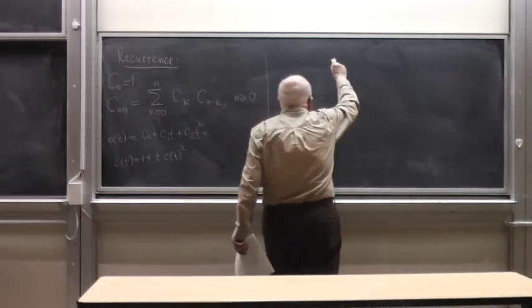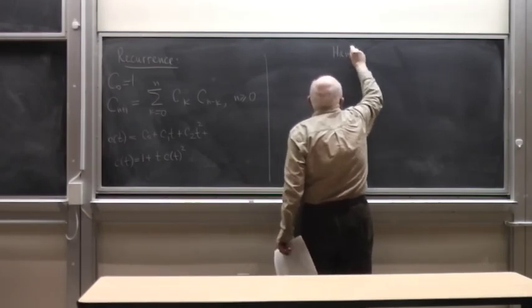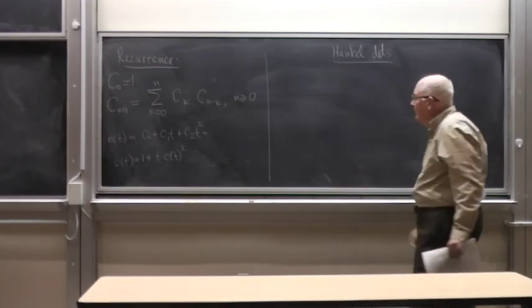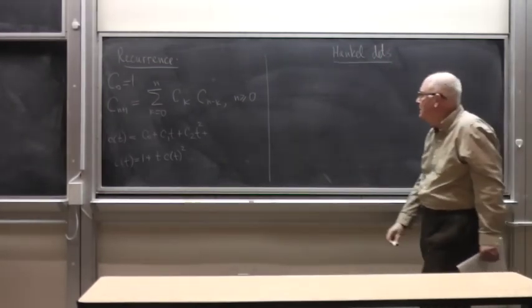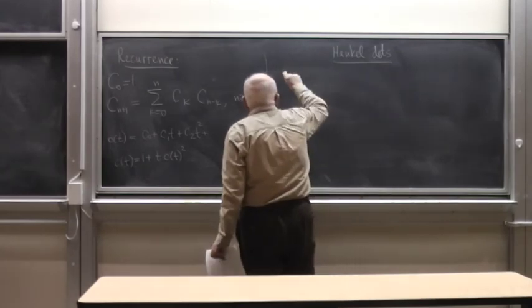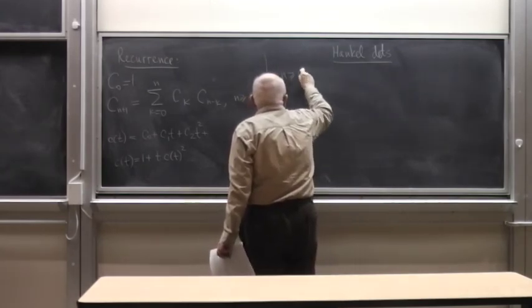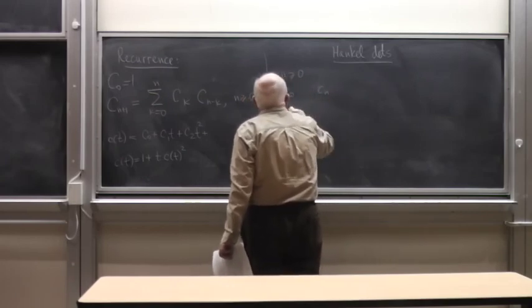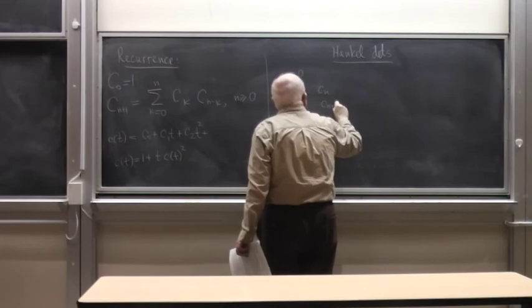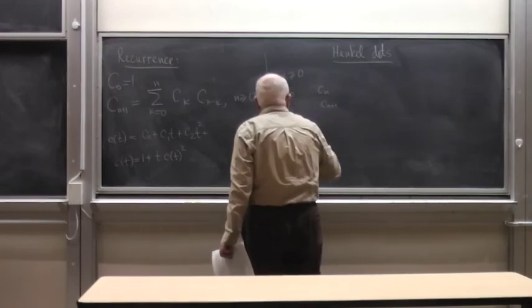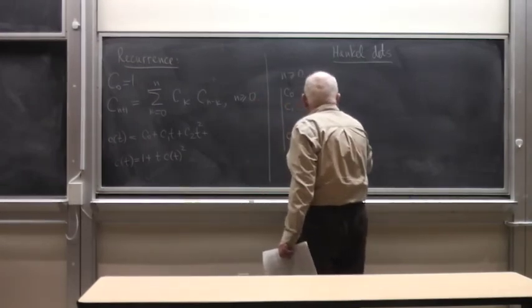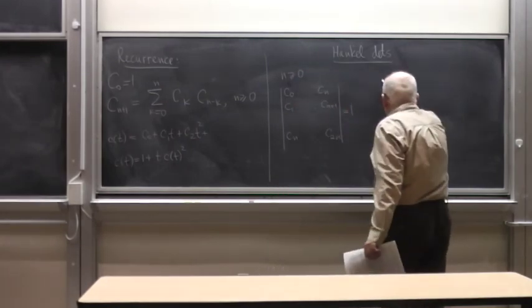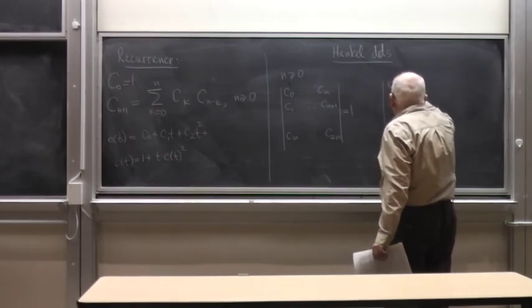And then there is a definition through Hankel determinants. It says that for any n, the determinant of the Hankel matrices with entries up to C2n is 1, and the same if you start with a shifted index.